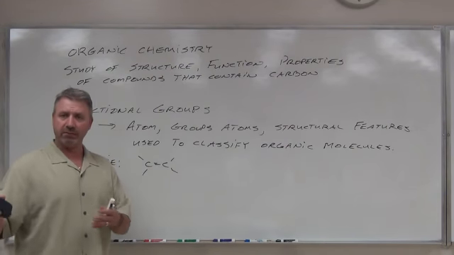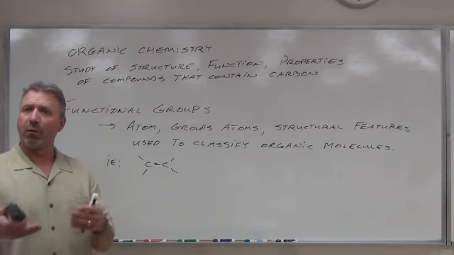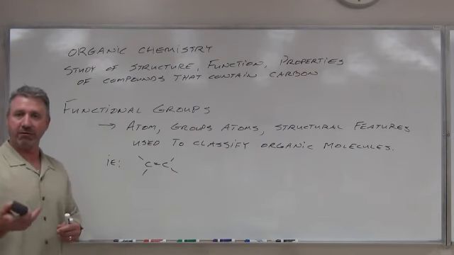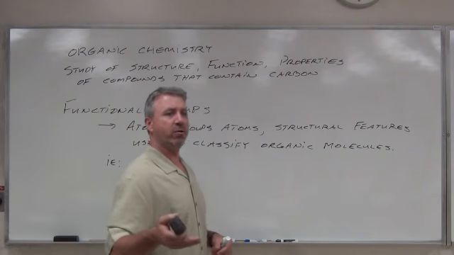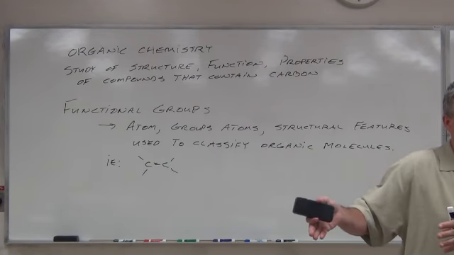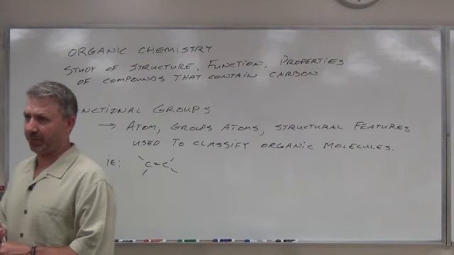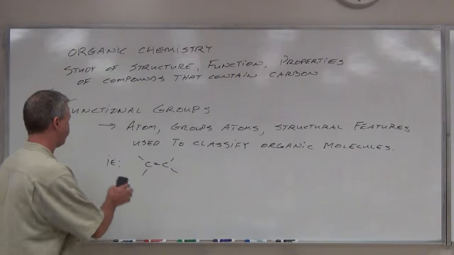So you have to be able to recognize those functional groups and then know how to name them. And we're going to go through them individually. I'm going to give you the naming protocols. I'm going to show you how to approach the organic portion of chemical nomenclature. But it's going to be an awful lot of memorizing on your part.